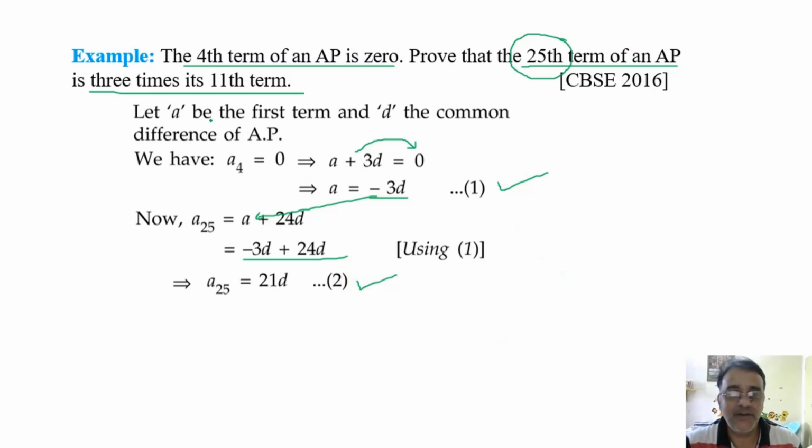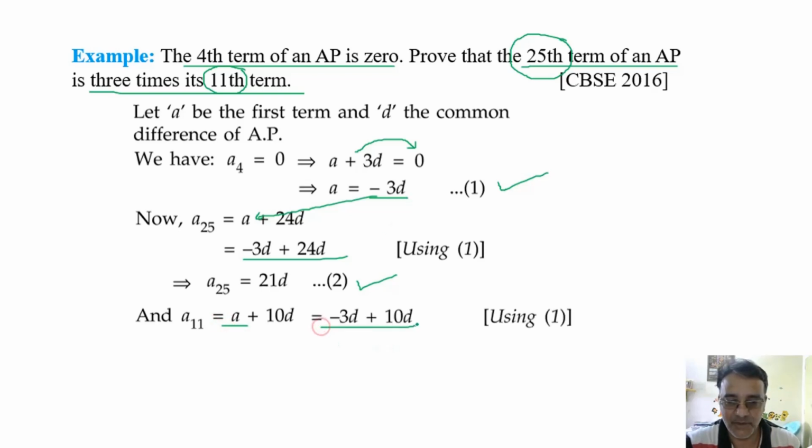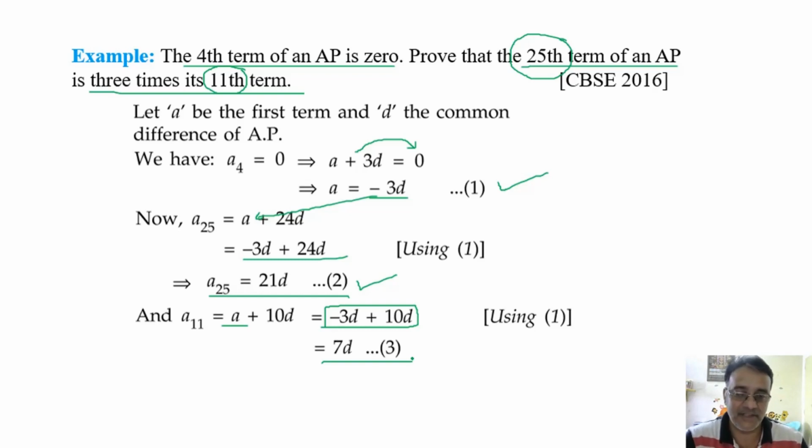Okay. Now next we'll find the 11th term. 11th term, how will you write? A plus 10D. Very good. Now again we'll substitute A is equals to minus 3D. So what you will get from here? Plus 7D. Right. Now from 2 and 3 we can say directly that A25 is 3 times A11.